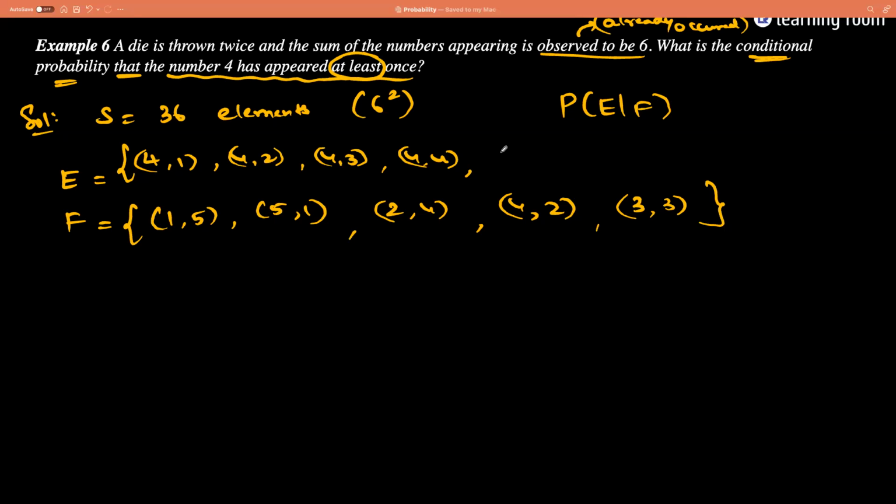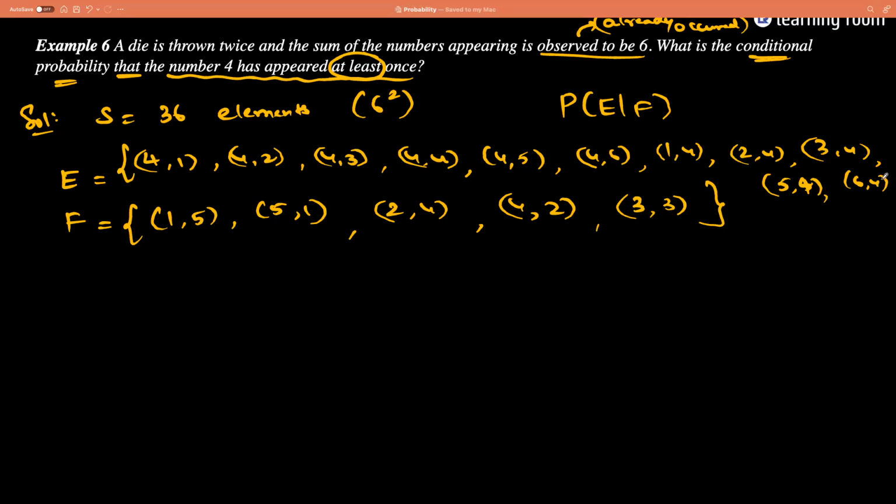When they use the word at most or exactly. Then write it in the reverse: 1, 4, 2, 4, 3, 4. What should I avoid? 4, 4 I should avoid. And that's it.